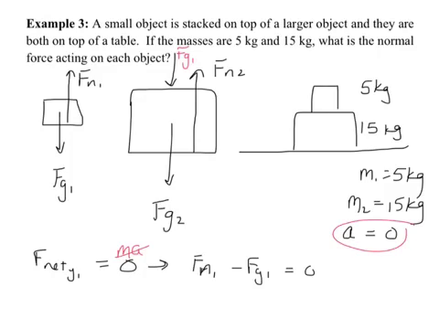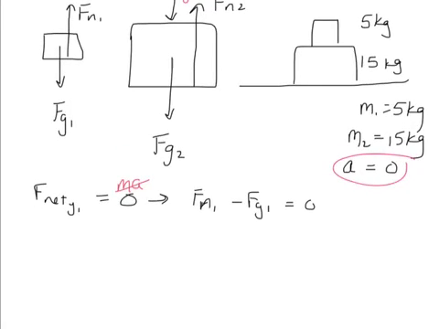Let's go ahead and figure out, by solving for Fn1, what the normal force is acting on the smaller object. So solving for Fn1, it's simply Fg1, by adding the Fg1 over to the right-hand side. Now remember that the force of gravity is defined by the mass times the gravitational constant.